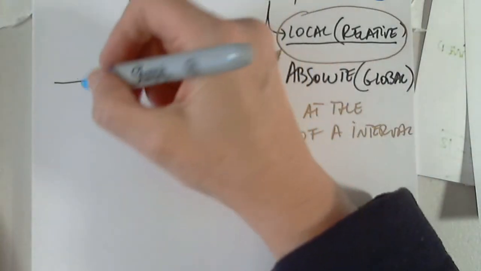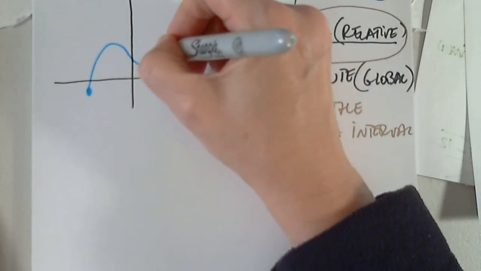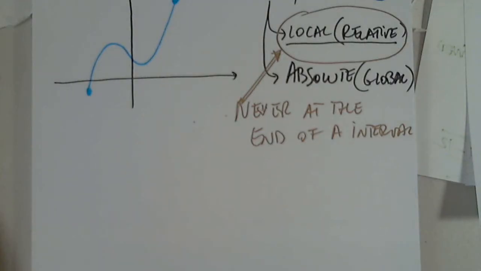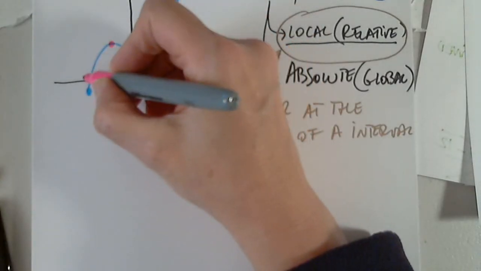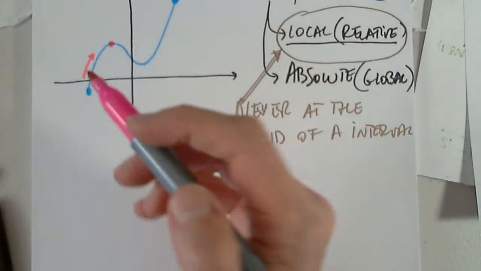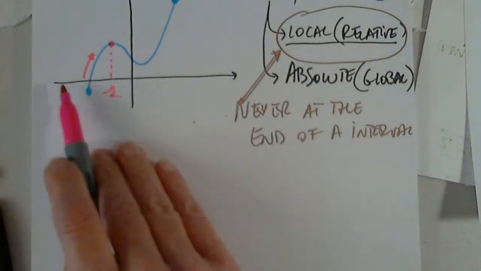So here's an example. Here's a function. And you see that the function is increasing between negative infinity and -2.